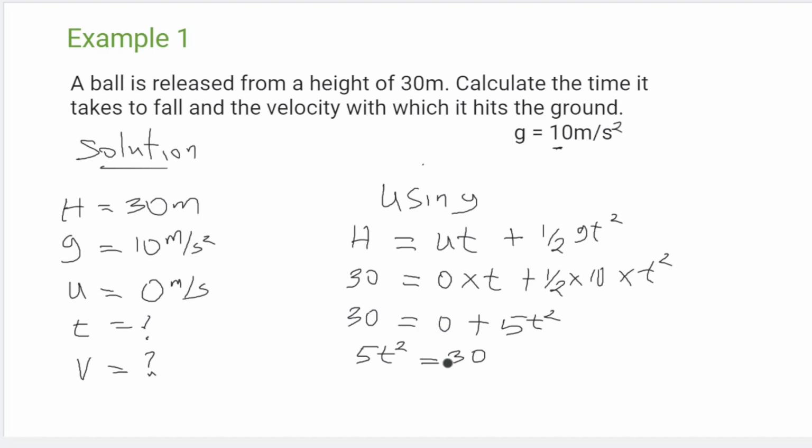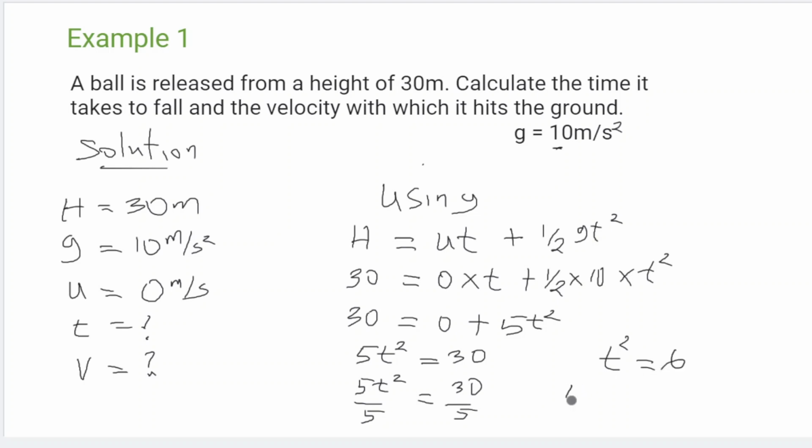In this case, we're going to divide both sides by 5 in order for us to get t squared. Then we'll find the square root to get t. So dividing both sides by 5, we have t squared divided by 5, and then 30 divided by 5. That will give us t squared equals 6.